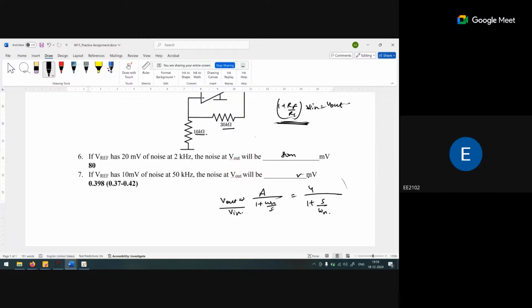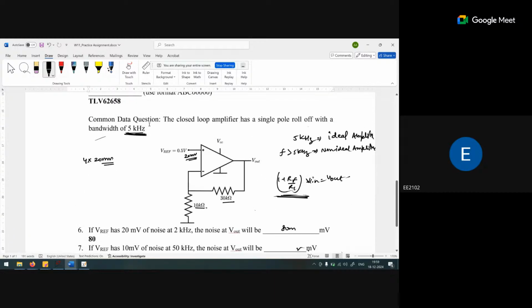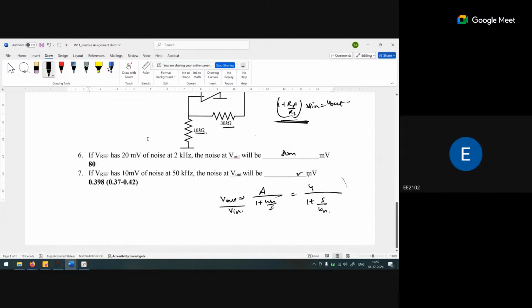Now omega n is what? That is 5 kilohertz, because it is the roll off frequency of a single pole. So omega n is 5 kilohertz. And S is j omega. So 4 upon 1 plus j omega upon omega n.